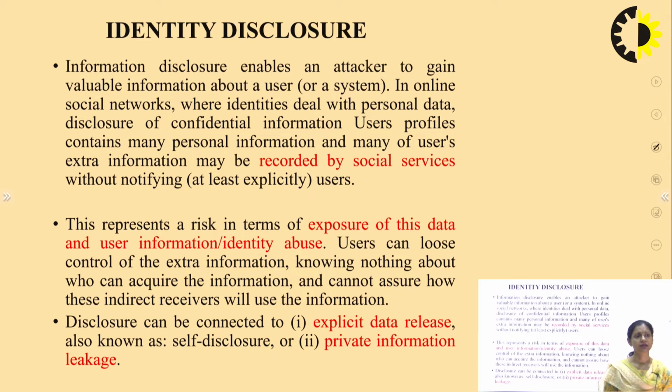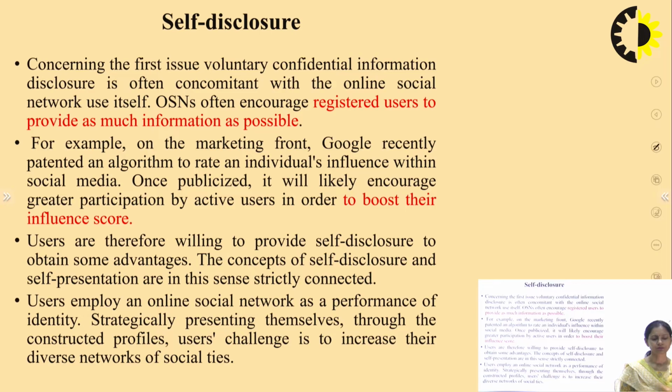The disclosure can be connected to explicit data release, also known as self-disclosure, or private information leakage. So, coming to self-disclosure, concerning the first issue, voluntary confidential information disclosure, it is often related to online social networks, where the OSN often encourages registered users to provide as much information as possible.